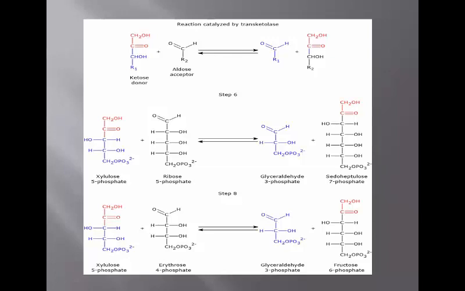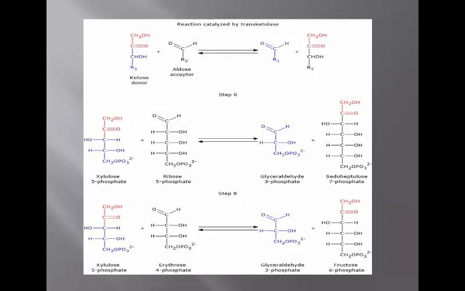As I told you, 2 transketolations occur. Another transketolation occurs when the other molecule of xylulose 5-phosphate, as I told you that 2 molecules of xylulose 5-phosphate are formed, comes in. It releases a 2 carbon containing moiety, that is keto group, to erythrose 4-phosphate.